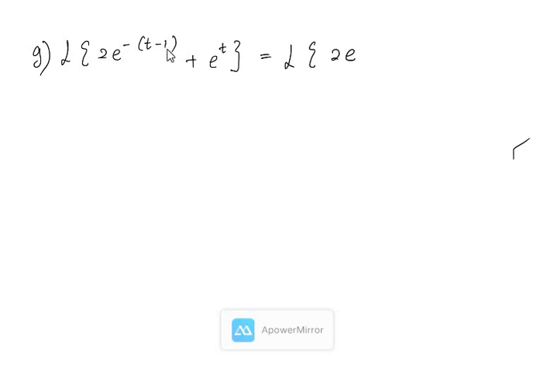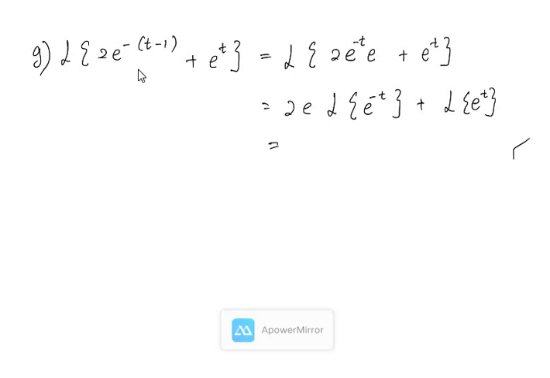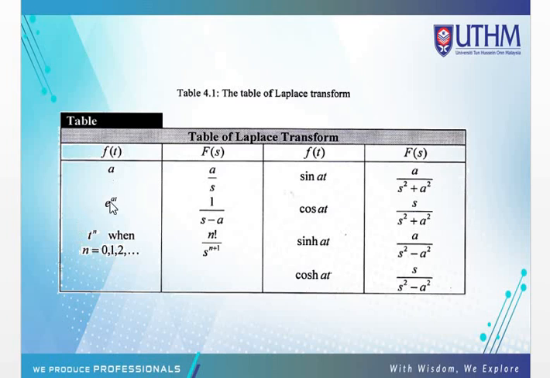So 2 e to the power of negative t, and then e to the power of 1, plus e to the power of t. So this will equal 2 e, because there is no t, so e we assume as a constant, times the Laplace transform of e to the power of negative t, plus the Laplace transform of e to the power of t. So from the table, we go back to the table. Exponent at is equal to 1 over s minus a.